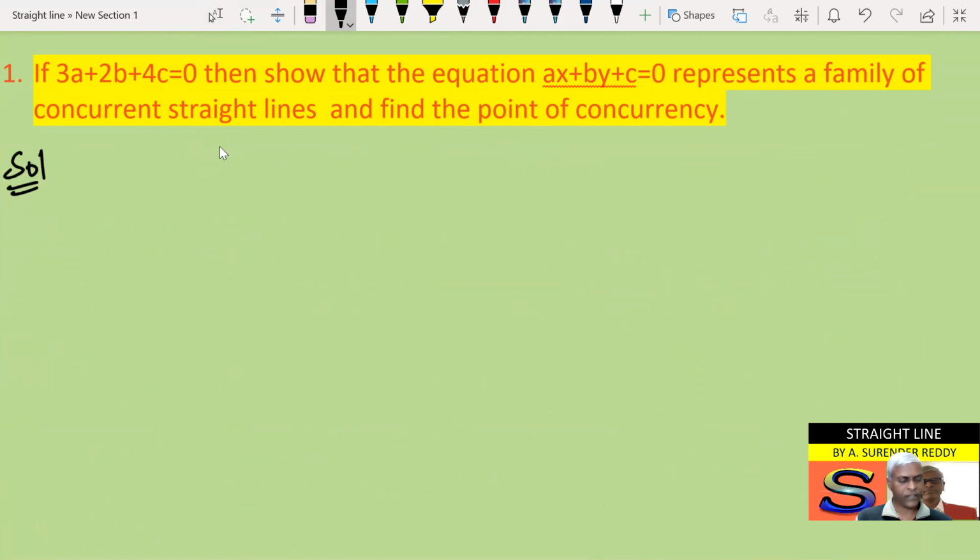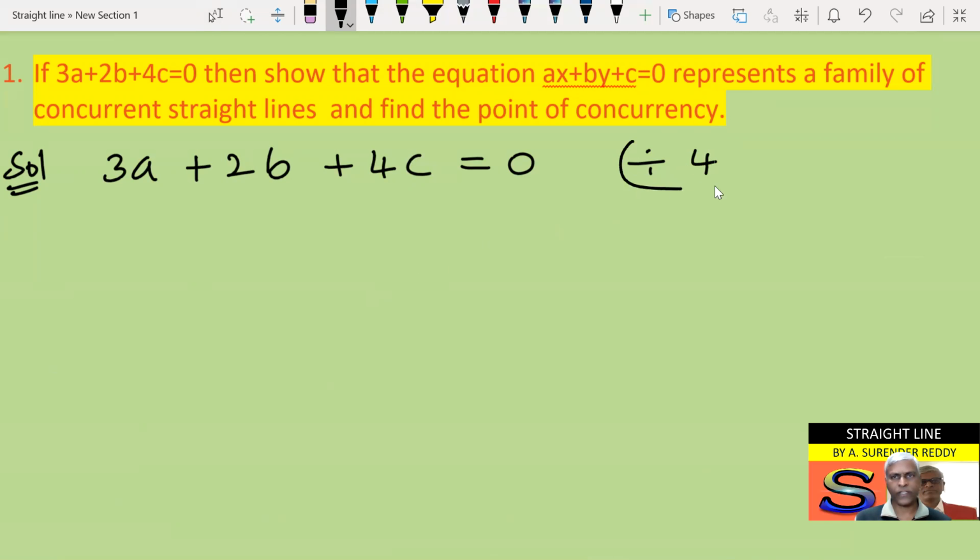Now first, let us take down the given condition. 3a plus 2b plus 4c is equal to 0. So dividing the equation with 4, dividing all terms by 4.